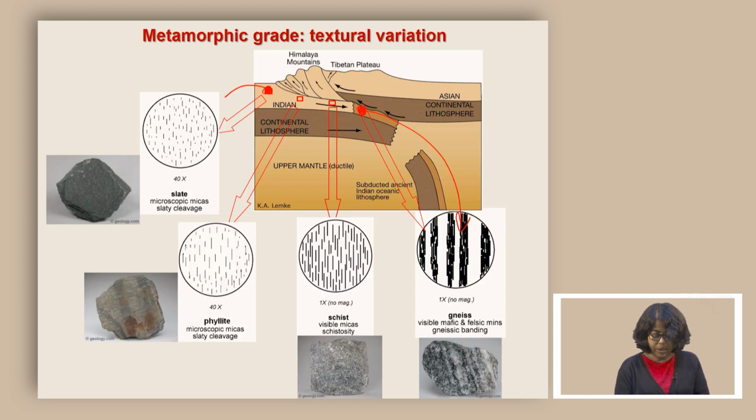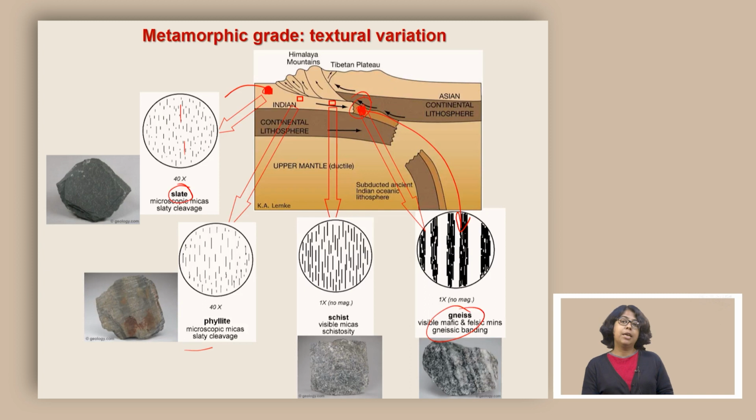Increasing metamorphic grade will produce phyllite, then schist, and eventually somewhere here we will probably encounter gneiss. And if you look at the microscopic structure, the coarseness of the foliation increases from slate to gneiss, which becomes more clear. Each band becomes thicker and well separated.